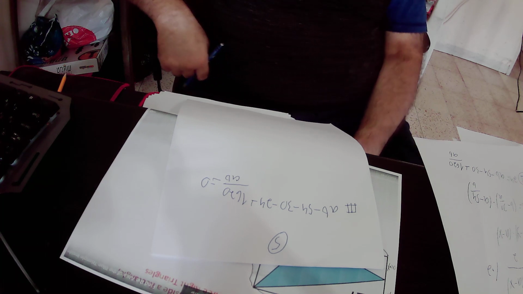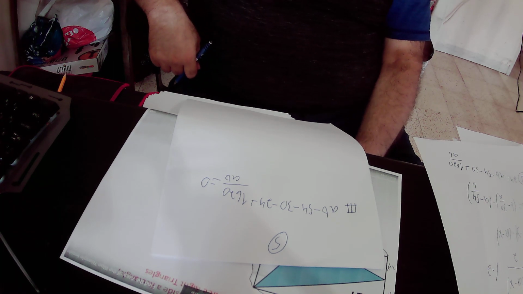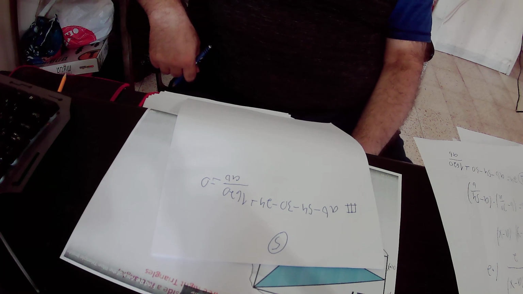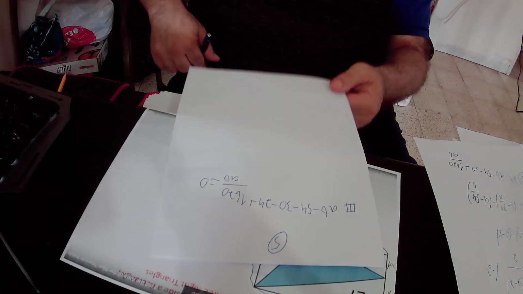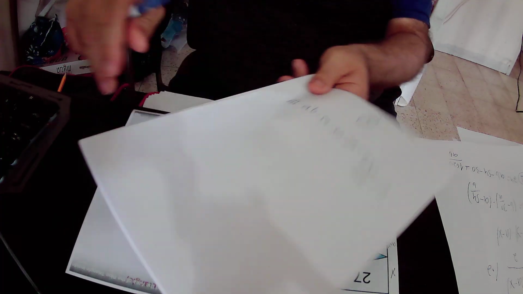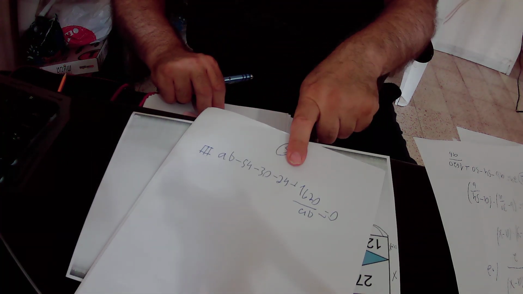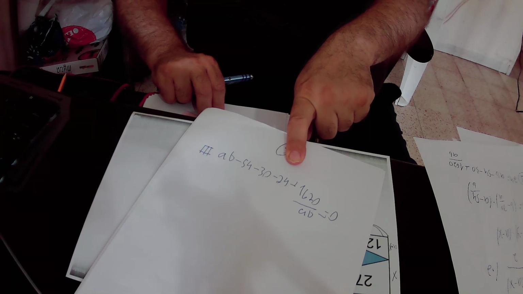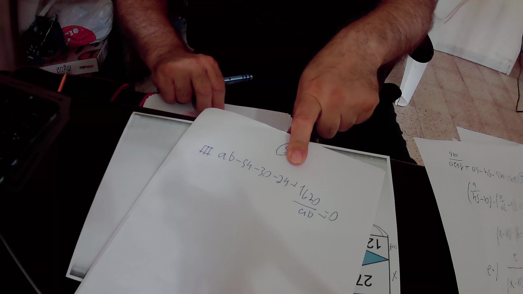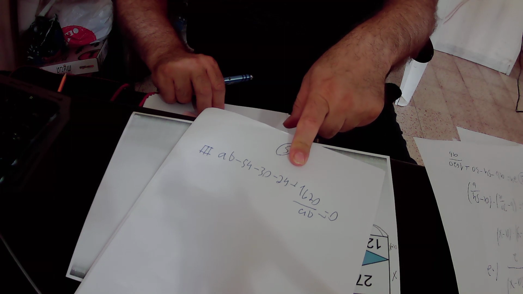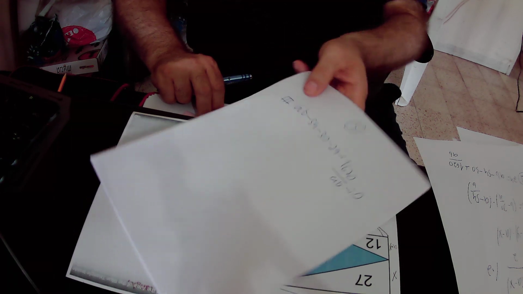Now minus 54 minus 30 and minus 24 equals minus 108, so we will write it down. Okay, minus 54 minus 30 minus 24 equals minus 108. So we write it down.